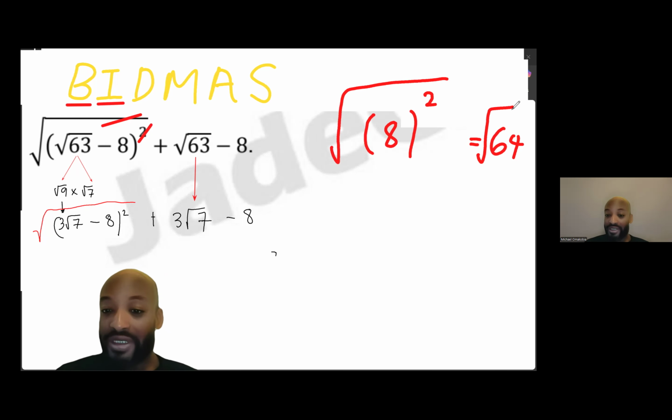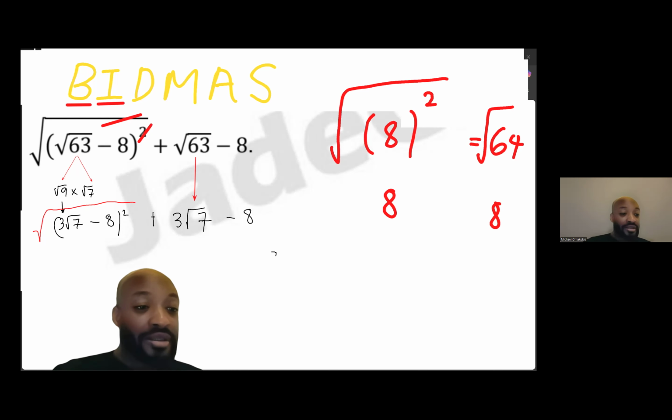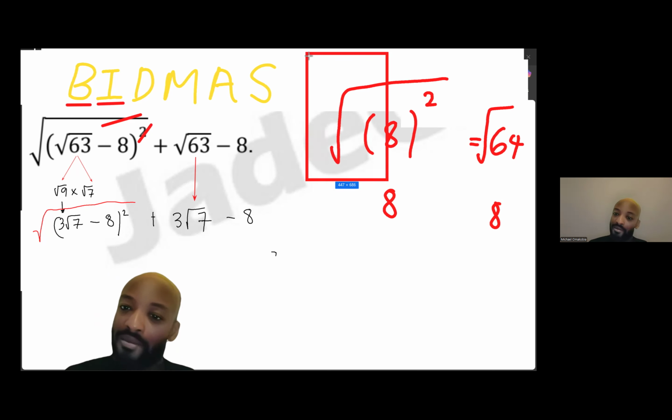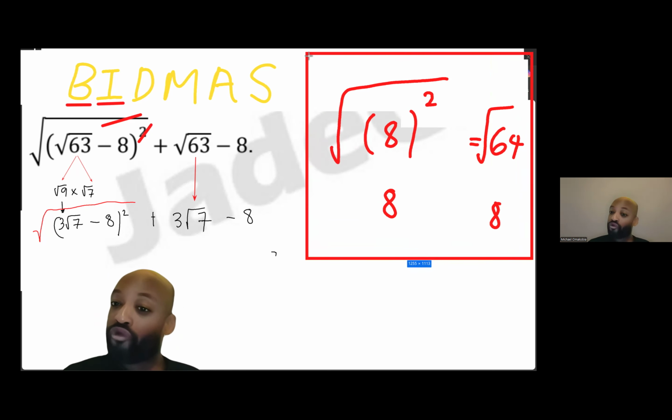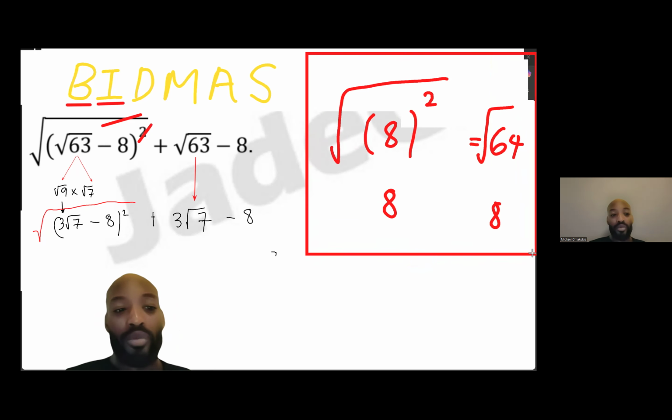So the square root of 64 is 8. This is just a visual representation showing us that if I square a number, but then I immediately square root that number, I'm going to end up with what I originally started with.